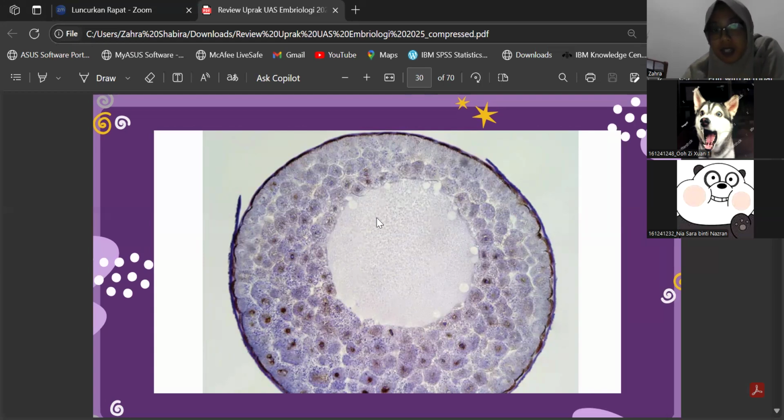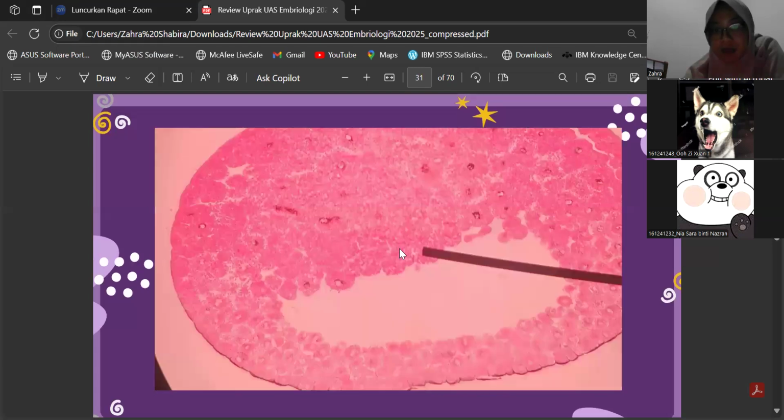So we can say this space or cavity is called blastocoel, since it's already inside the blastula. And this is also blastula. This one is blastocoel. This is macromere filled with yolk. And this part is micromere.